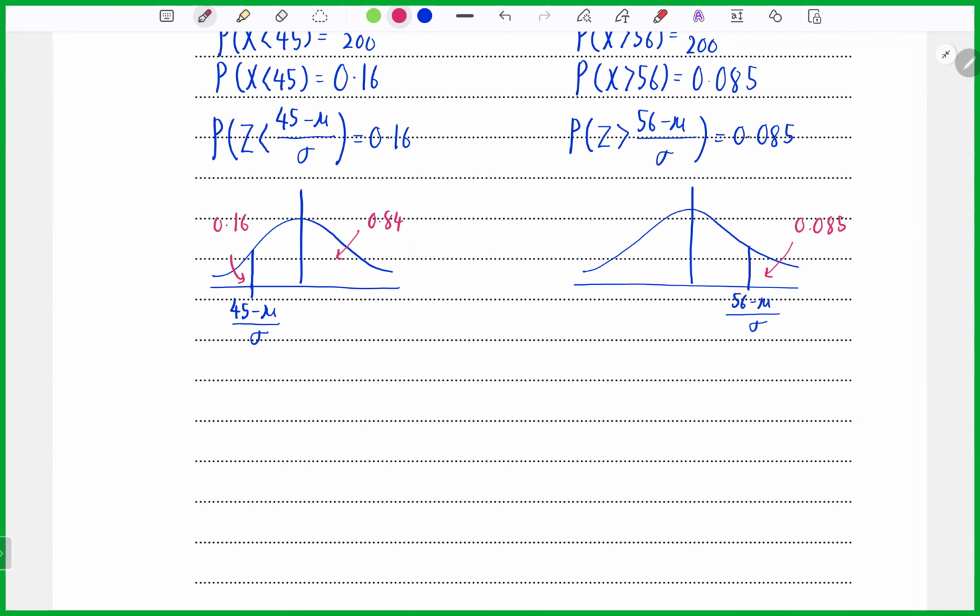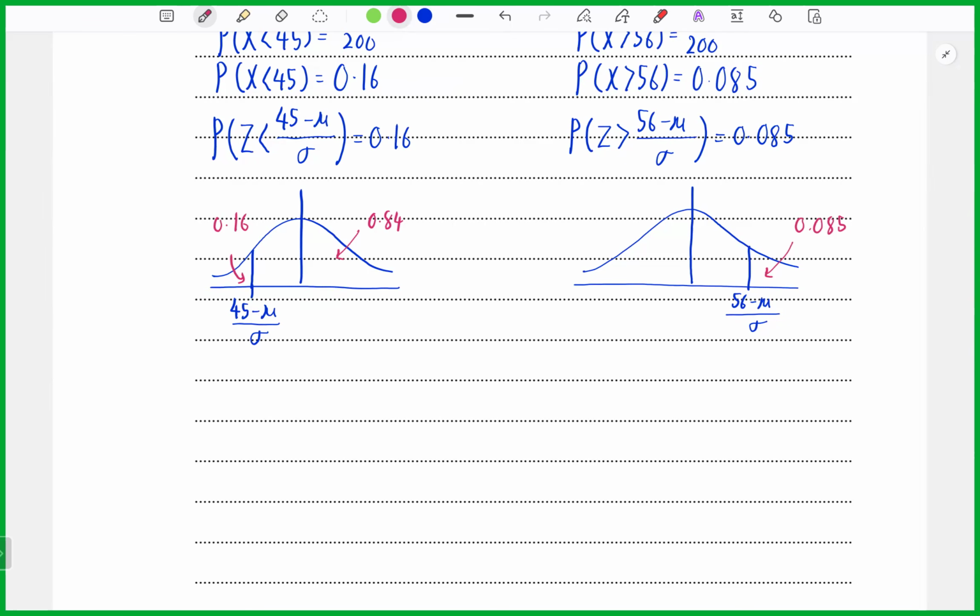So now we try to find the z from the tables, 0.84.